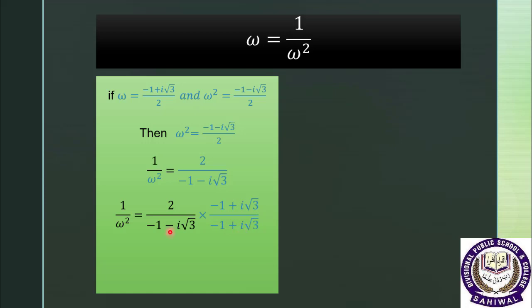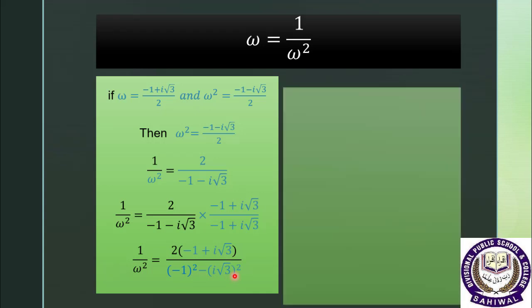For rationalization, we consider the complex conjugate of the denominator and multiply and divide by the same number. On solving, we get 2 times (-1 + i√3) over (-1)² - (i√3)².